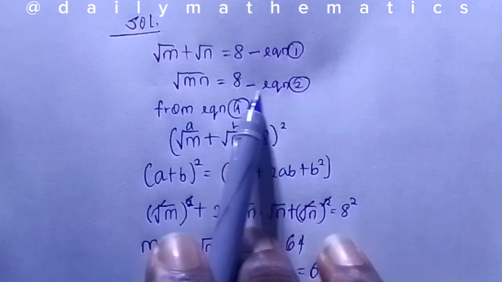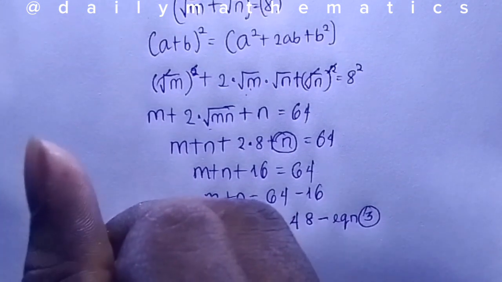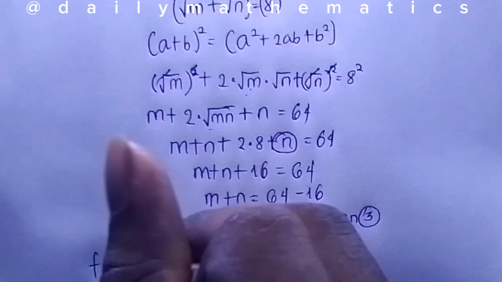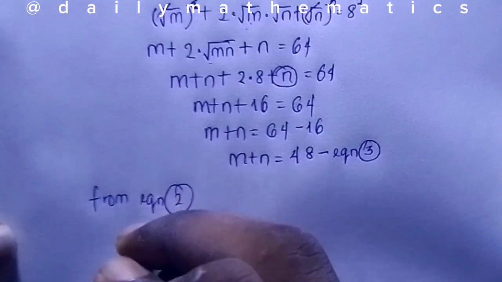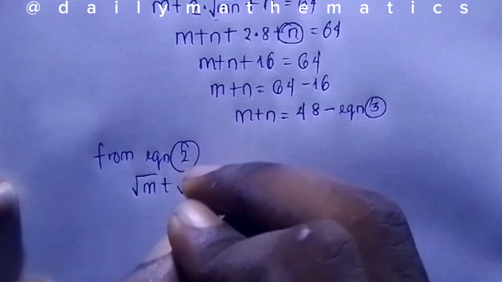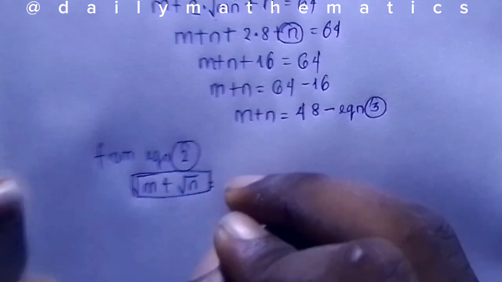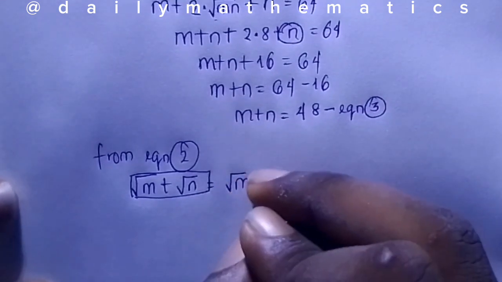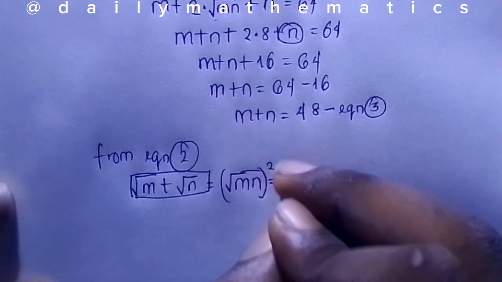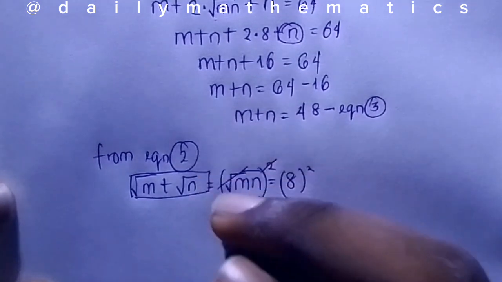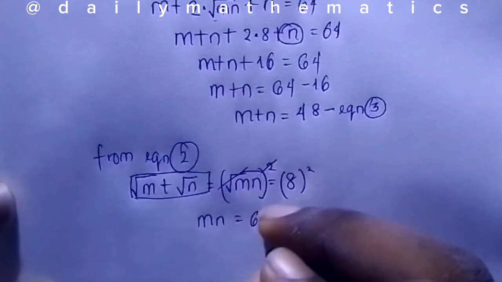Equation 2 says √(mn) equals 8. We are still taking the same approach by squaring both sides. The square cancels the square root. We have mn equals 8 squared, which gives us 64.